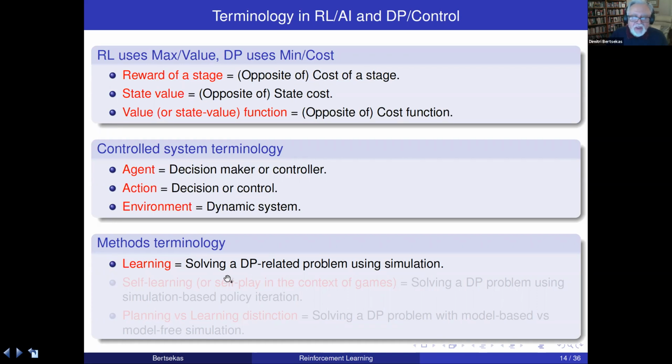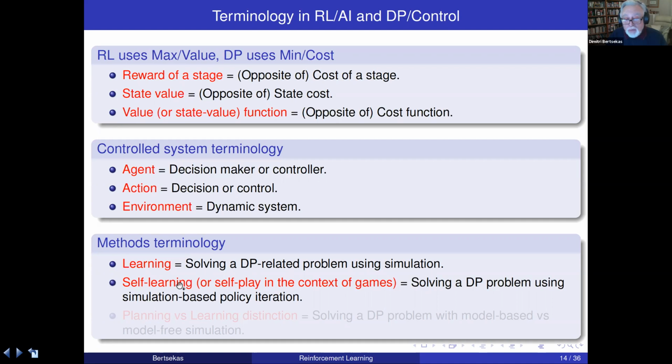So learning is related to both getting data about the problem and solving the problem. Self-learning, as opposed to supervised learning, in reinforcement learning relates to using self-play, like in AlphaZero and in backgammon. The programs learn by generating data themselves.